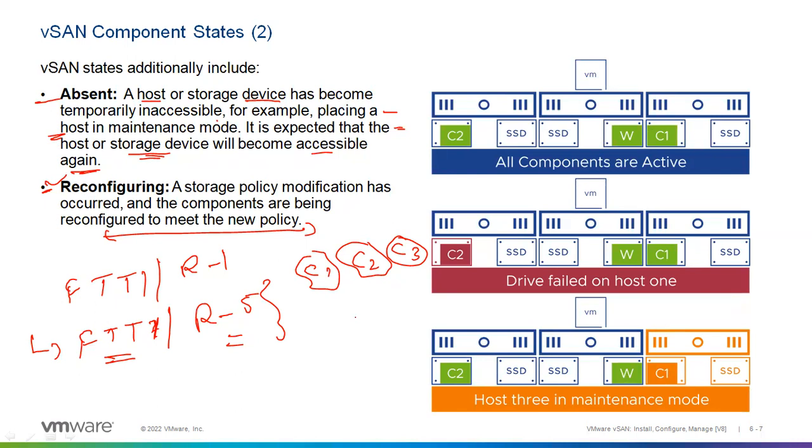So it's an intelligence of vSAN automatically. vSAN has defined some parameters for which it will consider as degraded and which it will consider as absent. For an example, a host we have put intentionally into maintenance mode, it will factor as an absent state.